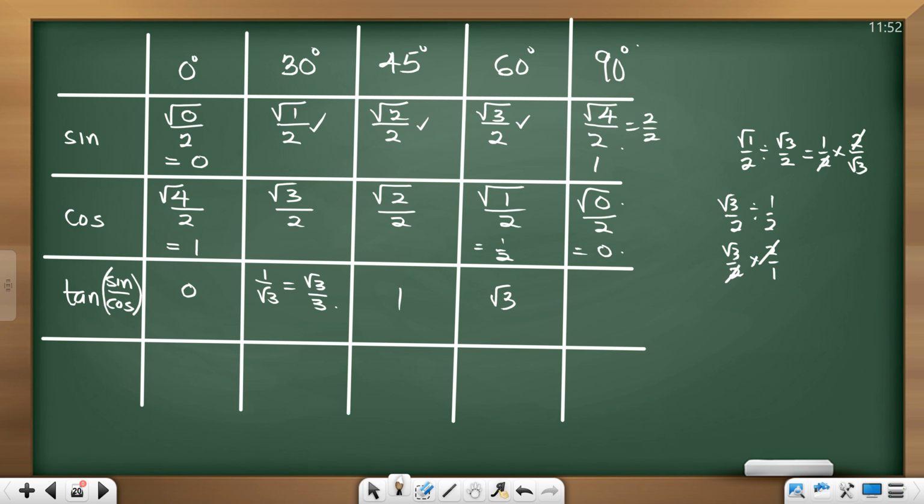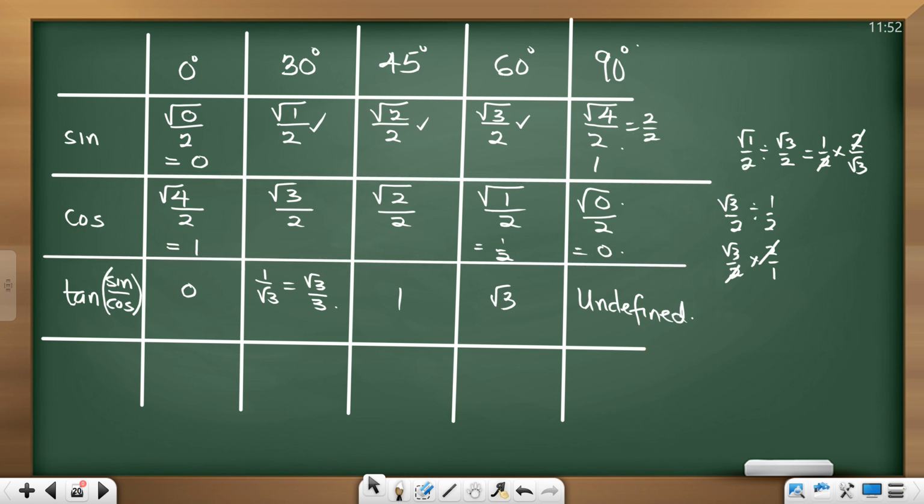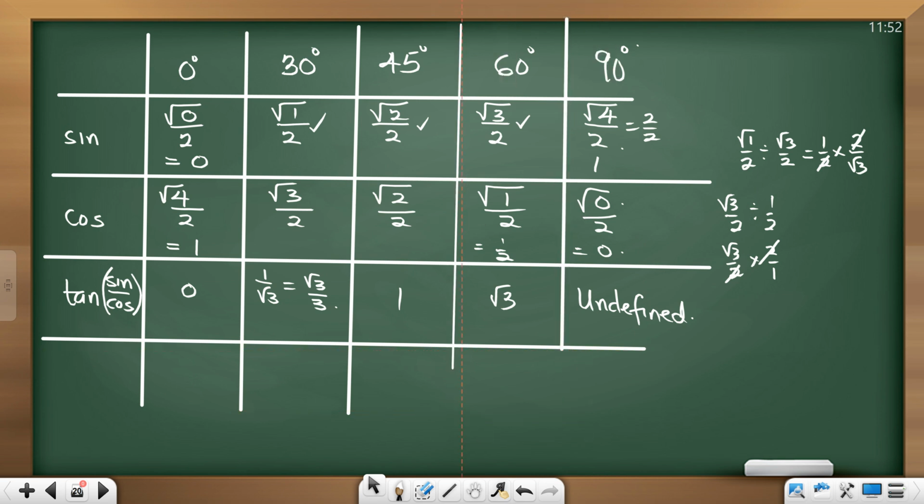The last one, 1 divided by 0. It will give you error. Anything divided by 0 is undefined. Yeah, it's undefined. That's your tan graph.